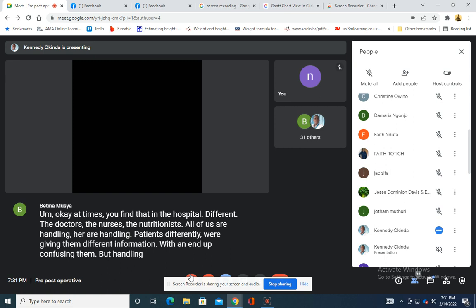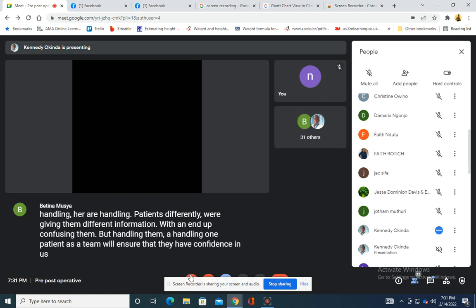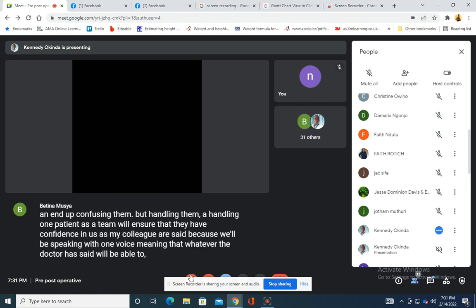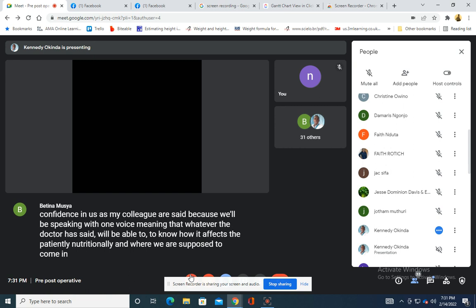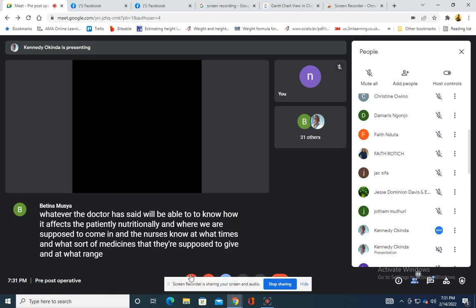But handling one patient as a team will ensure that they have confidence in us, as my colleague has said, because we'll be speaking with one voice, meaning that whatever the doctor has said, we'll be able to know how it affects the patient nutritionally and where we're supposed to come in. And the nurses know what times and what sort of medicines they're supposed to give and at what range.